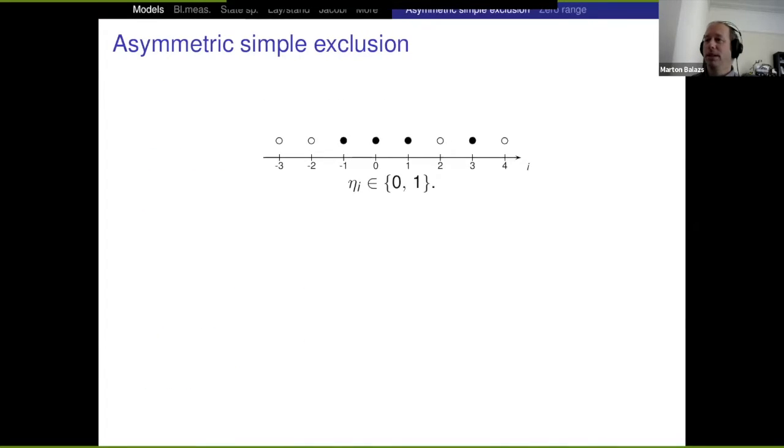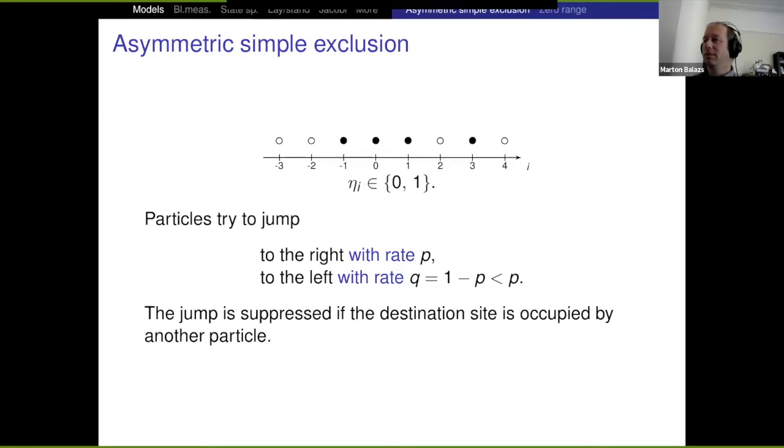Okay, so everybody by now, I'm pretty sure, knows asymmetric simple exclusion. So it's the simplest case. I have particles jump to the right with rate p and left with rate q if they can, but there's the exclusion rule. So everybody knows this very well here. I'm going to assume that p is bigger than q, so there is an asymmetry to the right. That's exclusion.